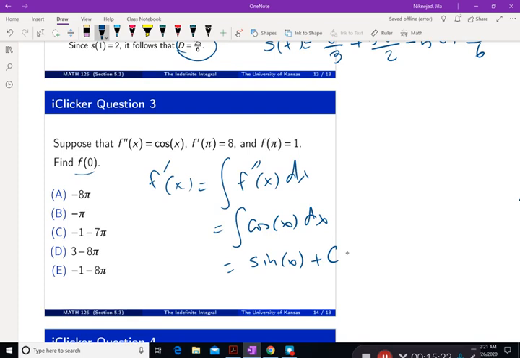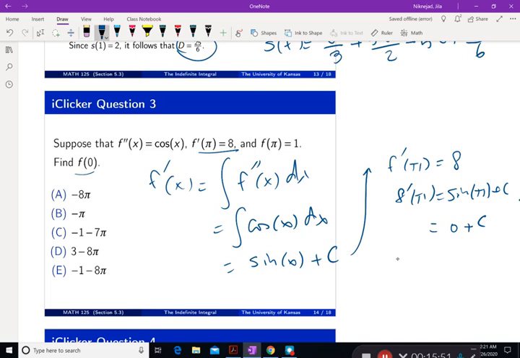Now I have to use this fact to find c, and that is f prime at pi equal to 8. Also, f prime at pi is equal to sine of pi plus c, and sine of pi is equal to 0 plus c, so c is equal to 8.